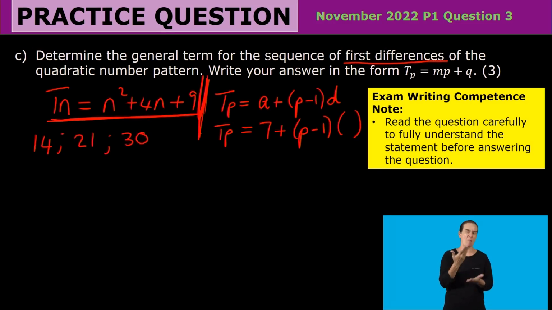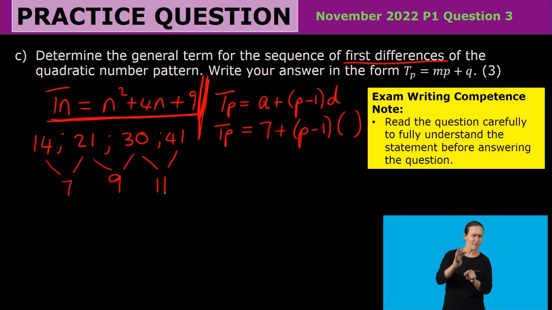You can even make it the first four terms, and that is 41, just to get that sequence that you are familiar with. If we find the differences, the first is 7, which confirms the value we were given in that statement. Then we have 9, and we have 11. This is the sequence that we are focusing on.